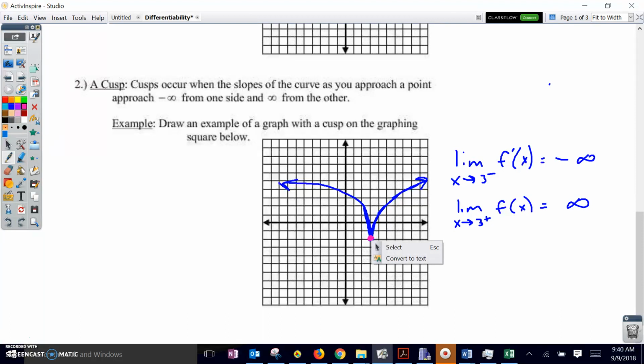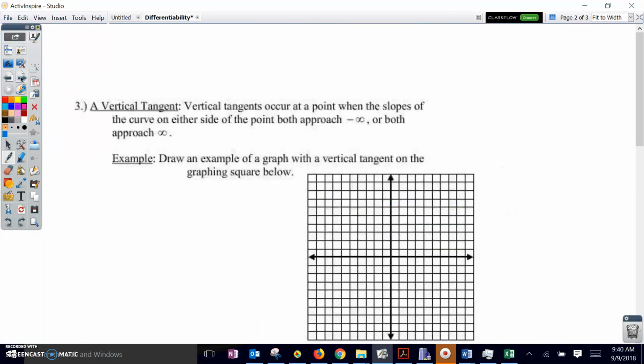Alright. Third type of non-differentiability that can occur is a vertical tangent. Vertical tangents happen when the slopes of the curve on either side of the point both approach -infinity or both approach +infinity. So let's say that the limit as x approaches 1 from the left of the derivative is +infinity, and the limit as x approaches 1 from the right of the derivative is +infinity.